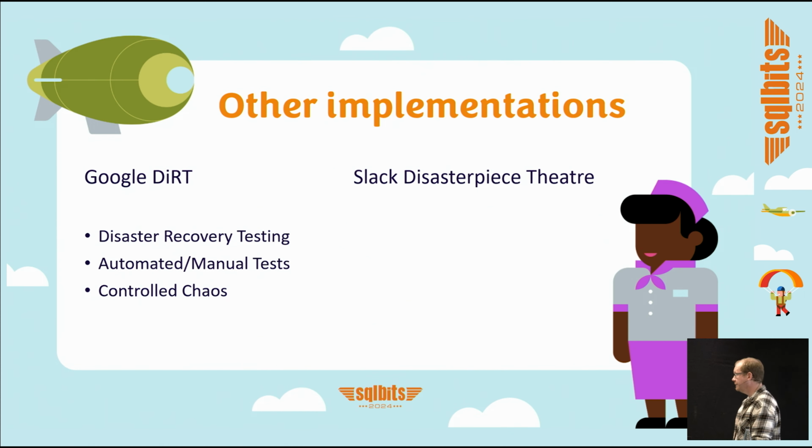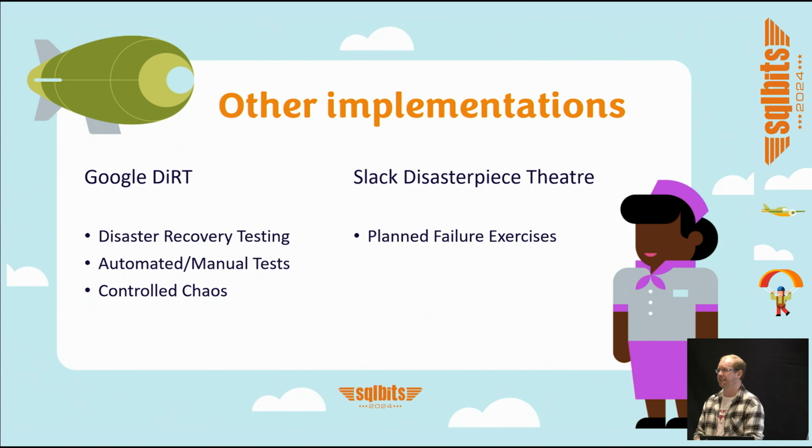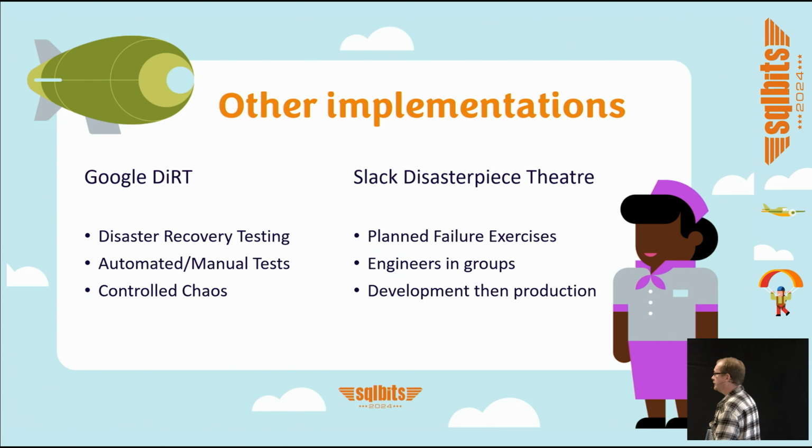Slack as well has Disasterpiece Theater, planned failure exercises. Now these could be for HA or DR. You'd probably start off testing HA and then work your way up. It's called expanding your blast radius of what happens when you test these systems. Engineers working in groups, working in development, and then in production. And that's what I want to get through here: it's a methodology.